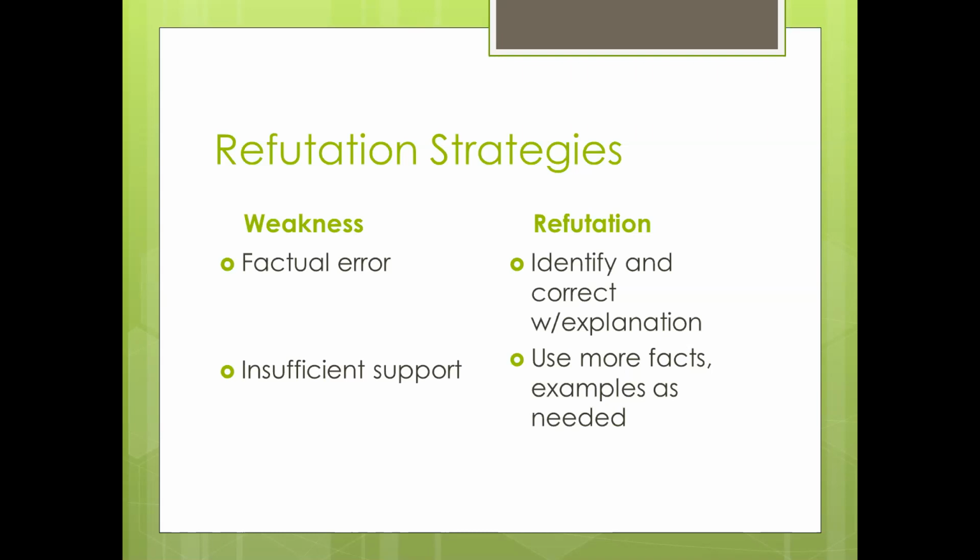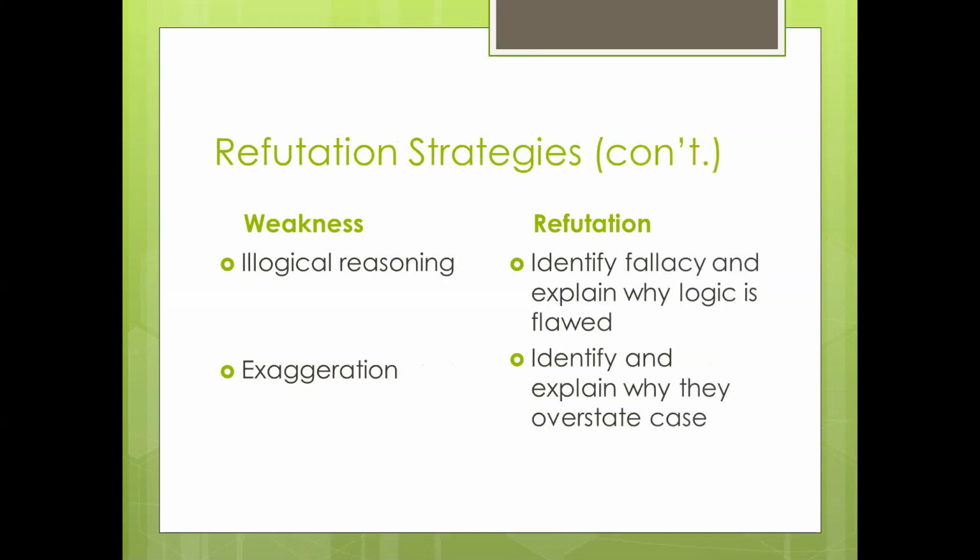If you find in your research process that once you begin writing, you have insufficient support, pause in the writing process, save your progress, and look up more information, better facts, more examples as needed to prove your point. If you find that one of your sources, or perhaps even your own argument, contains some sort of illogical reasoning, identify what the fallacy is and then explain why the logic is flawed.